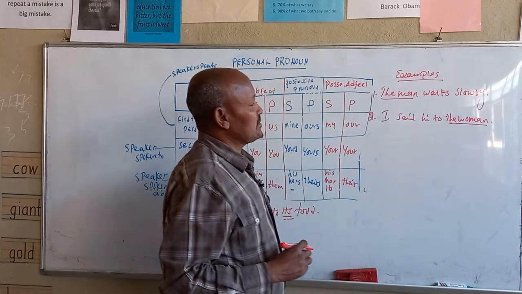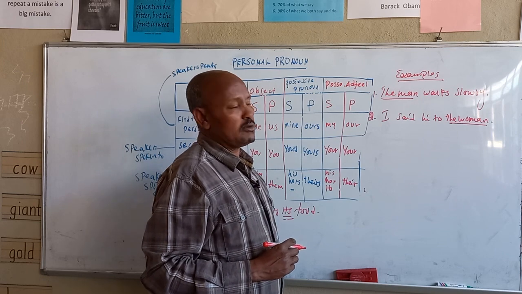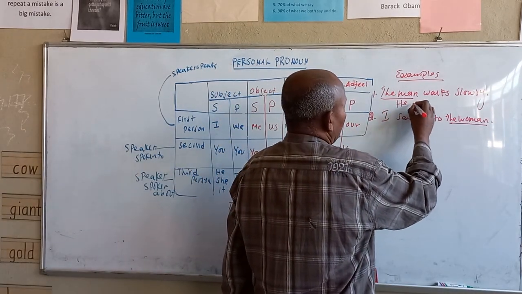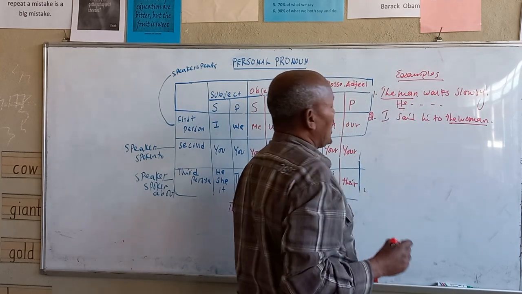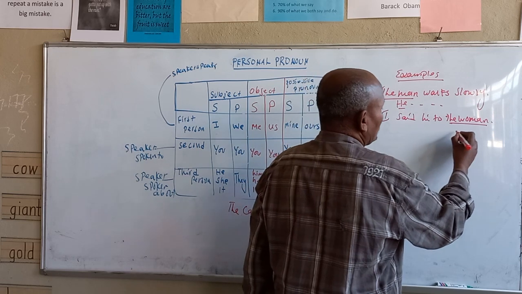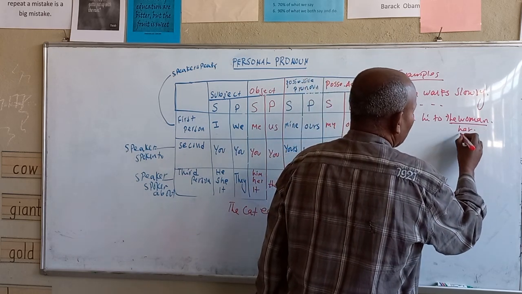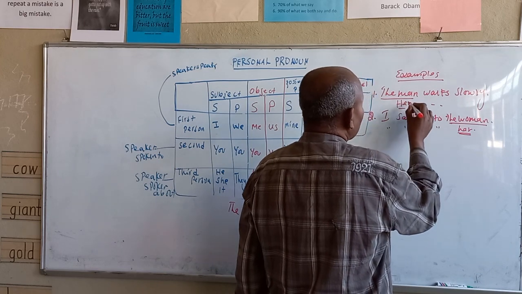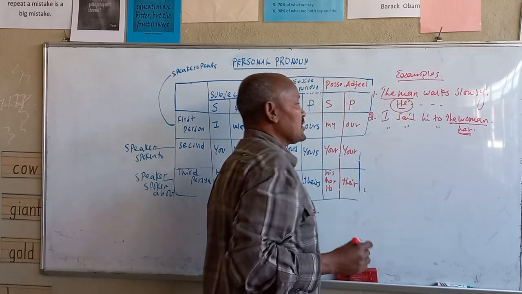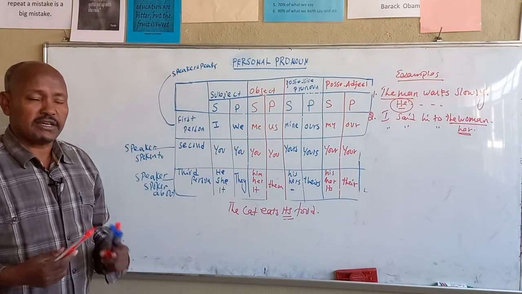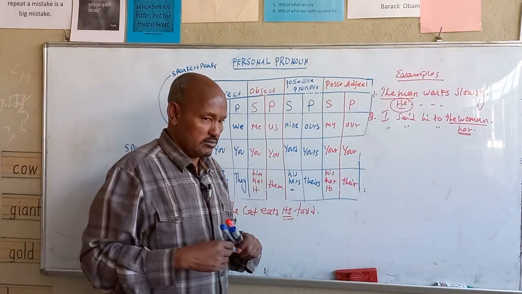In the first, the underlined word is the man, so I can substitute it with he. He walks slowly. I said hi to the woman, so I said hi to her. This is the object of the sentence. So personal pronouns have such kinds of uses. You have to practice using these personal pronouns.